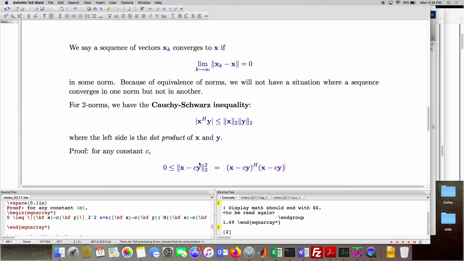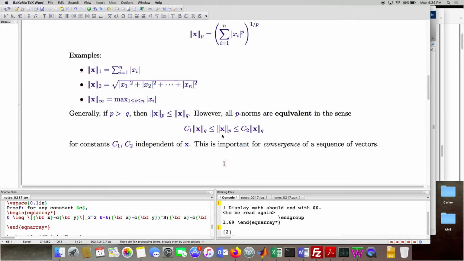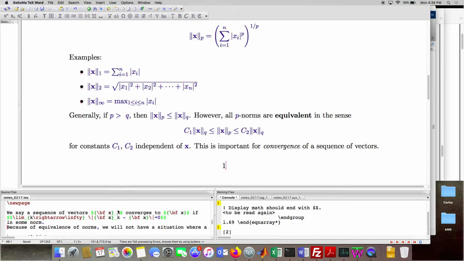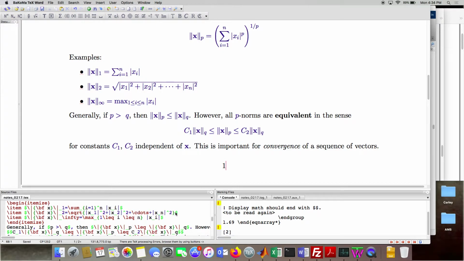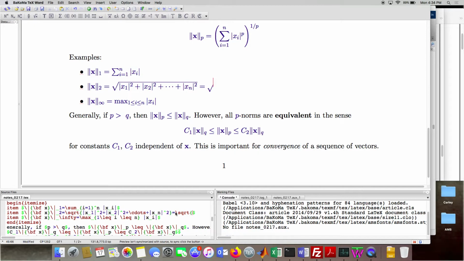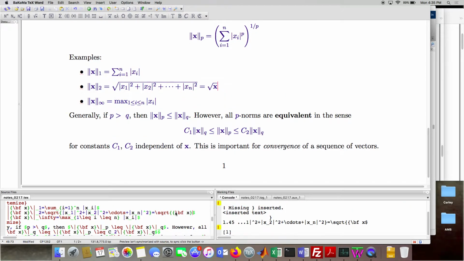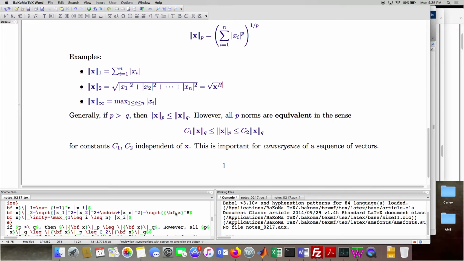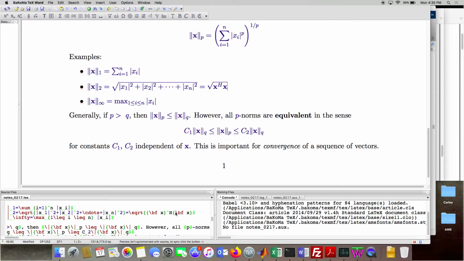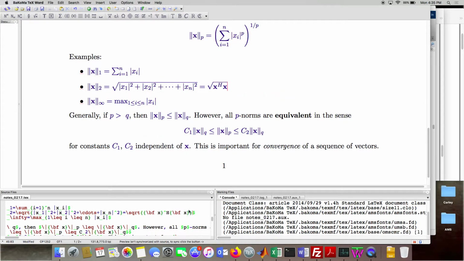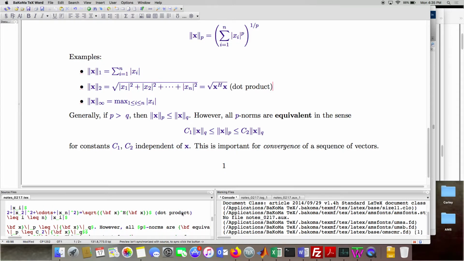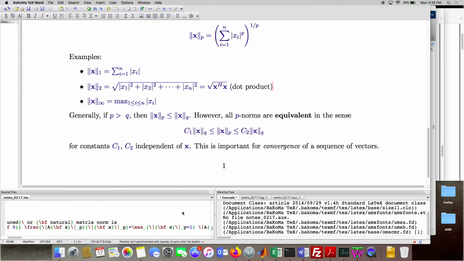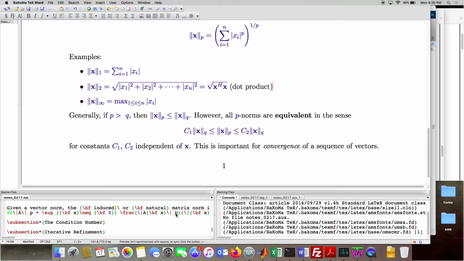That's something you take as a definition. In fact, I will put that up here. The 2 norm is equal to the square root of the Hermitian transpose of x times x. So the square root of a dot product.